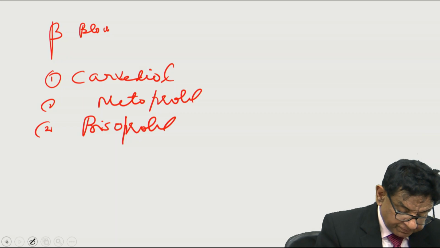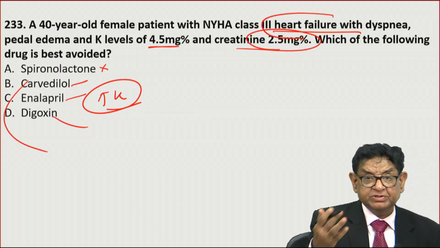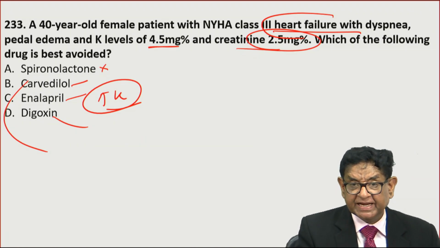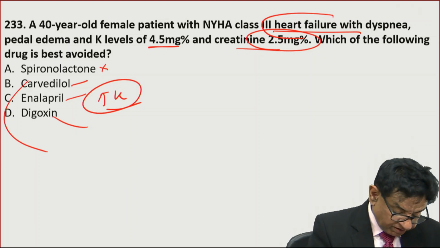So we have a drug we can use in CHF with the indication of using carvedilol. The other three drugs are contraindicated because of chronic renal failure. So undoubtedly the best answer is carvedilol.